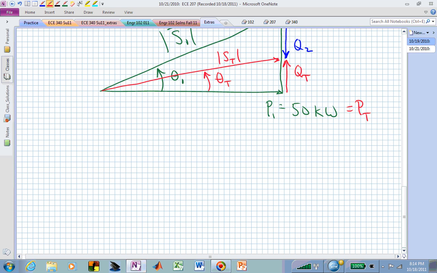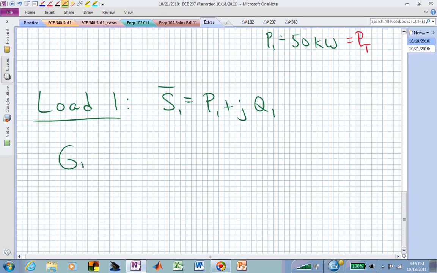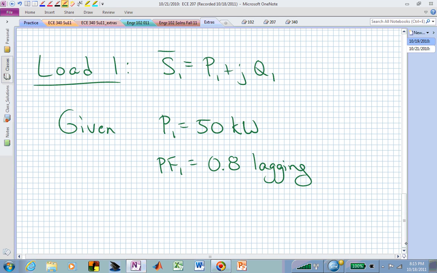S1, or load 1, was given to us in terms of P1 and a power factor. We were given the following. We were told P1 was 50 kilowatts. We were told we had a power factor for load 1 of 0.8 lagging.